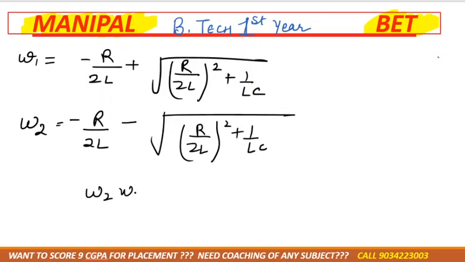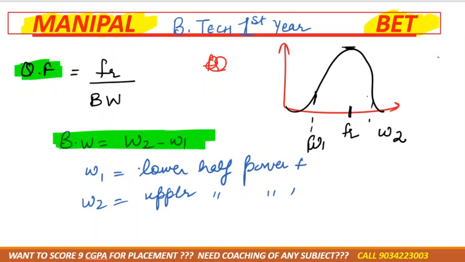If we multiply omega 2 by omega 1, the answer is 1 by LC. If we subtract omega 2 minus omega 1, it is R by L. So another formula for bandwidth is R by L. Depending on what they have given, we use the corresponding formula.